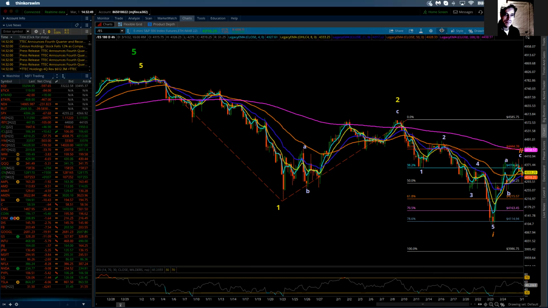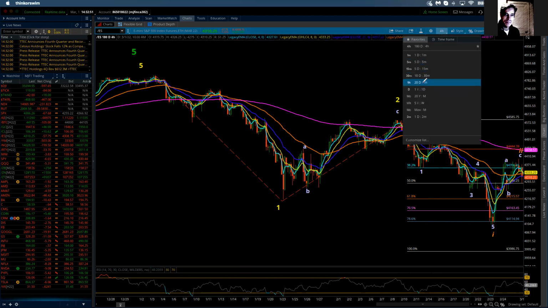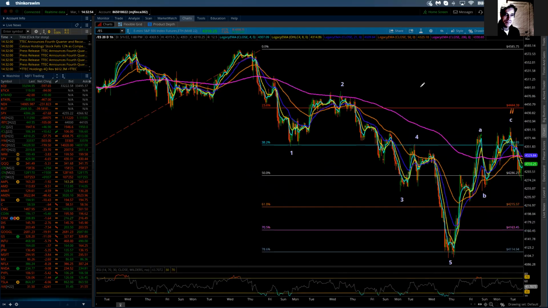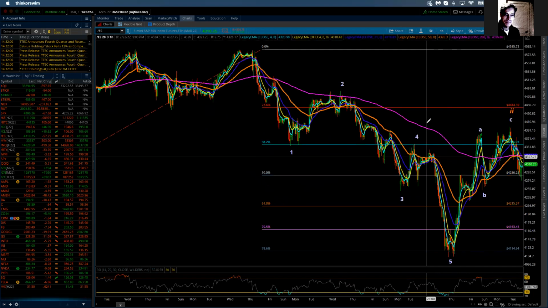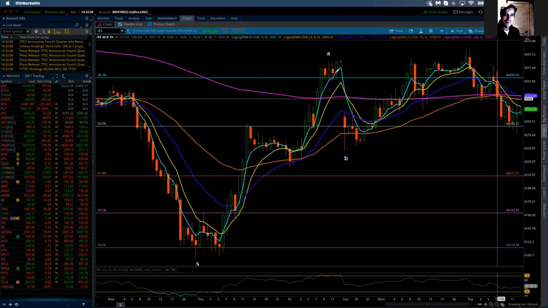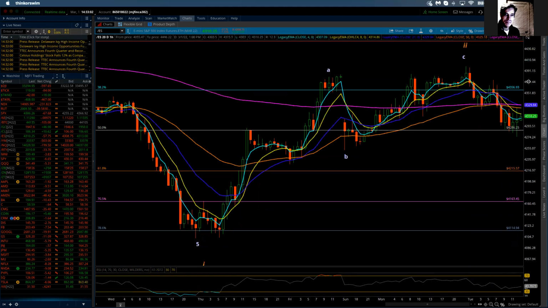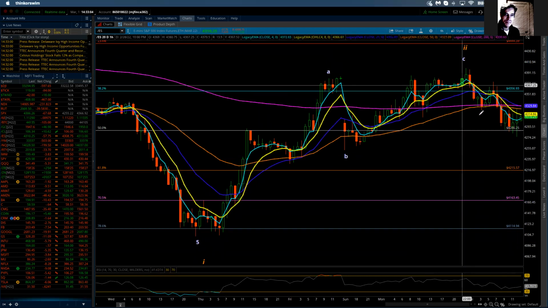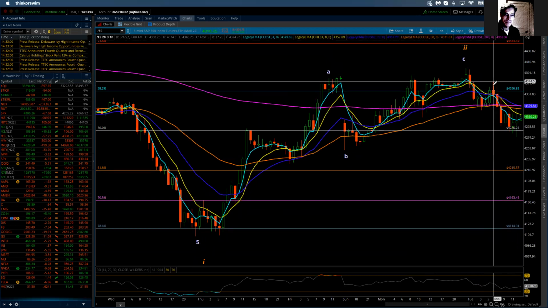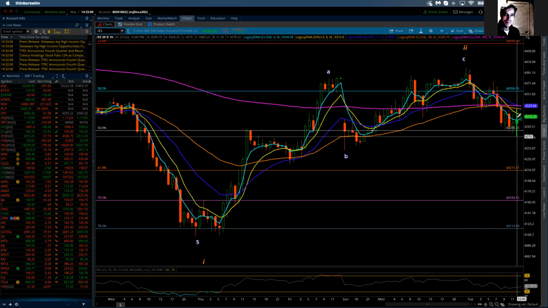So going back down to that hourly chart, we can take a look at where we are within this whole thing. Right now, there's the A, the B, and the C. And let me just pull that in a little bit so we can see it. This is wave 1, 2, 3, and we're in that 4.